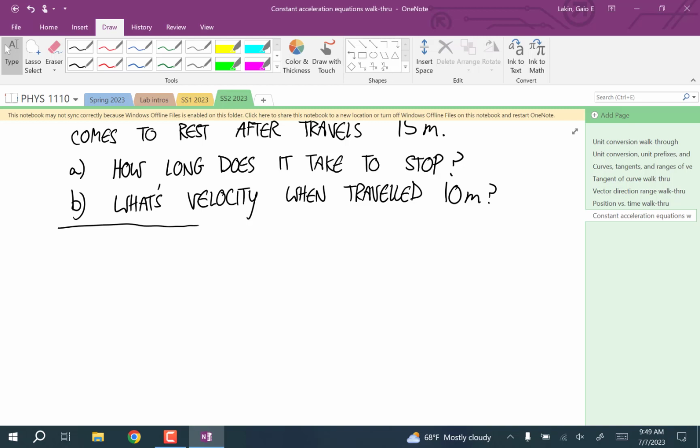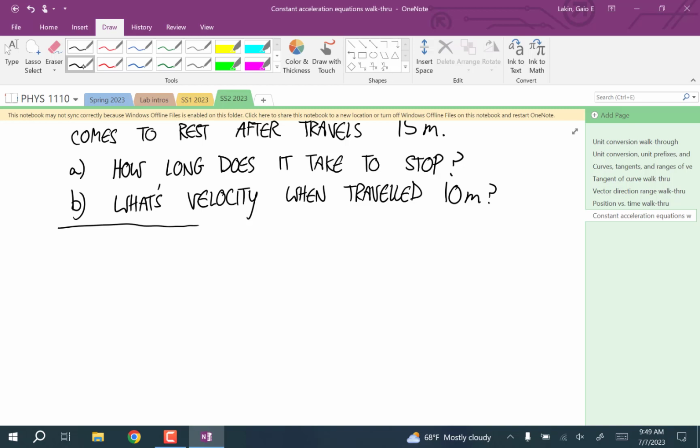So pause the video for a second and figure out what you want to be the instant for your time equals 0 and what you want to be the instant for your time final. Okay, well, we're making these choices based on the instance where we have information and the instance where we're trying to calculate information.